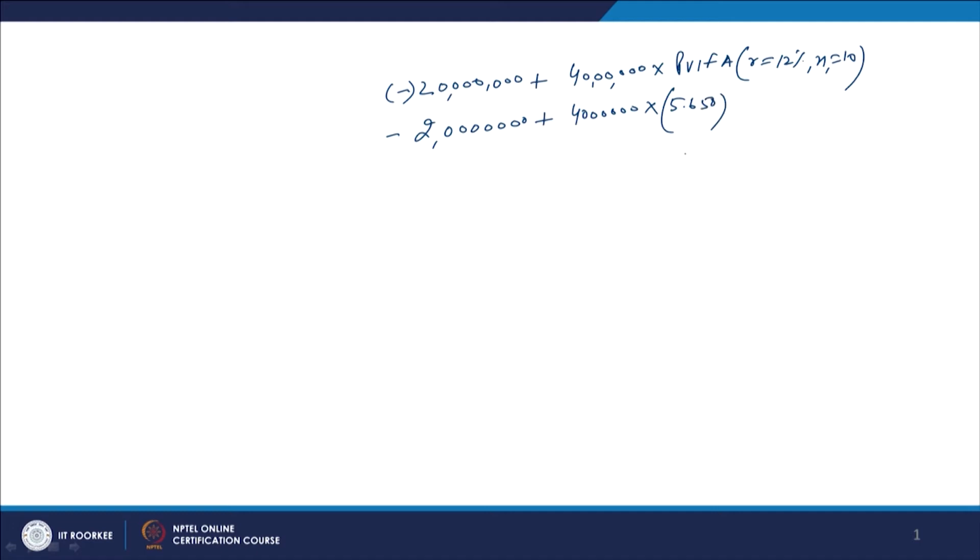The discount factor we have applied is the present value interest factor for the annuity, and when you multiply this and solve this entire process, you will get that the NPV of the project is rupees 26 lakhs. NPV of the project is 26 lakhs.